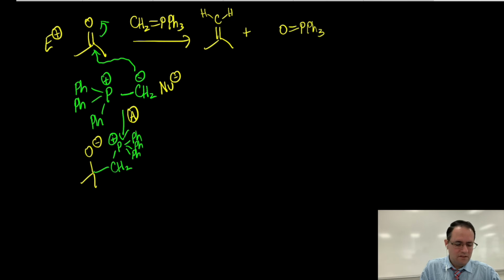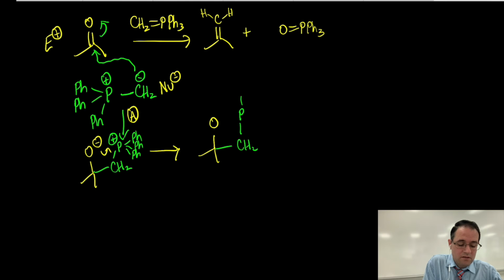And this here then is going to, so negative and positive are attracted to each other. There's different mechanisms that you can show for this. Okay, I don't require you to memorize this if you're in my class, but I just do want to show this. Okay, so in case you're a science major, you don't get lost when someone expects you to remember, well, that's just like this enzyme reaction or something. Okay, so we have an oxygen phosphorus bond, and this is known as an oxaphosphetane.